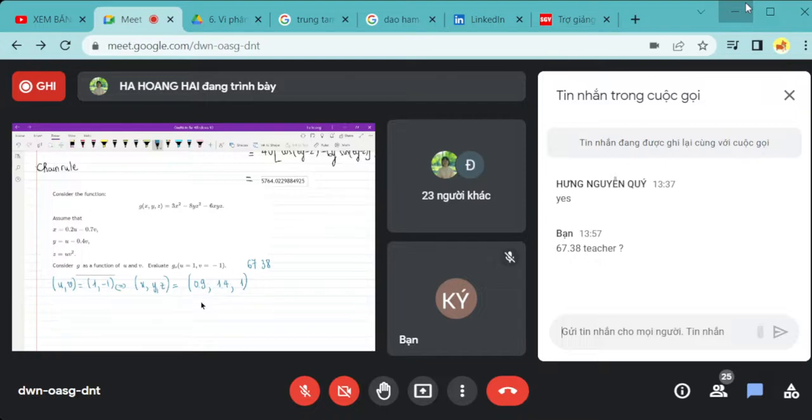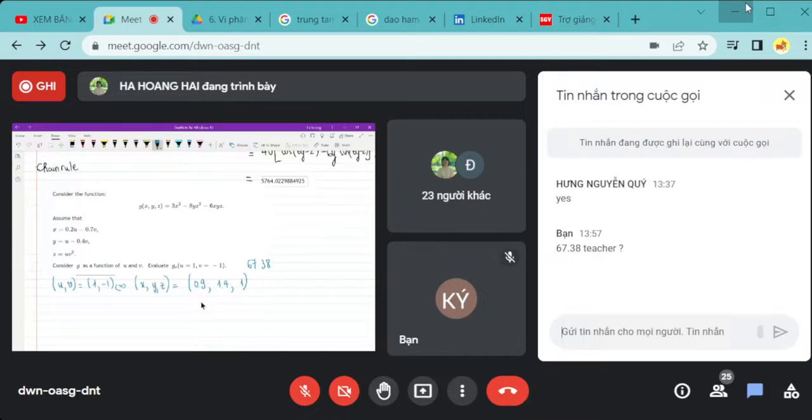Then the derivative of g with respect to v would be equal to g_x, the variable at the intermediate level, multiplied by x_v, and plus g_y multiplied by y_v, and plus g_z multiplied by z_v. Is that right? And g_x, we compute g_x at this point, all right?